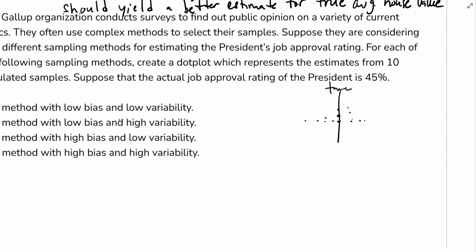If you have low variability, then your data values are really close to the true average value. If you have low bias and high variability, you're going to be on either side, but you can be far away from it. You don't have to be close. Now we have values that are spread out from each other, so there's high variability. I'm going to say V for variability. But it's still low bias because there's no one-sidedness.